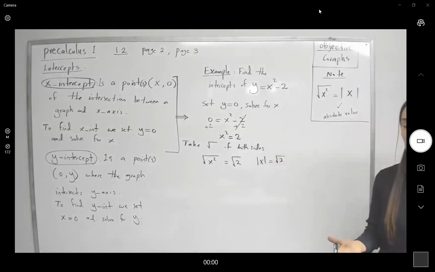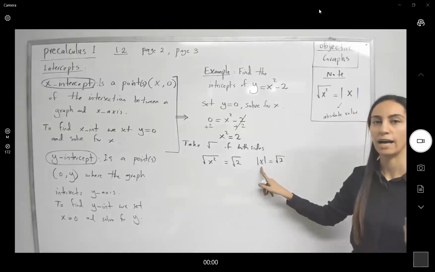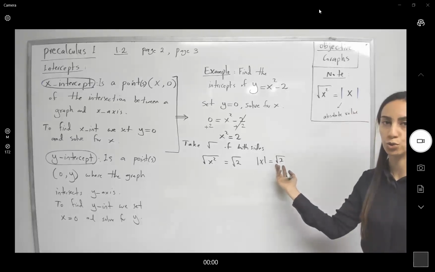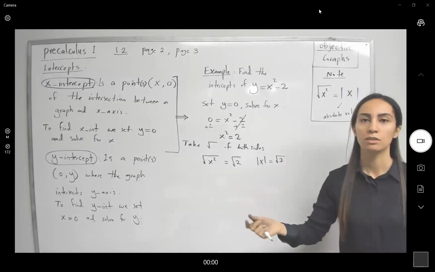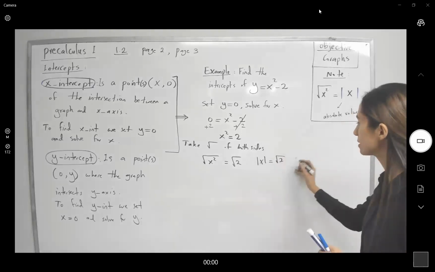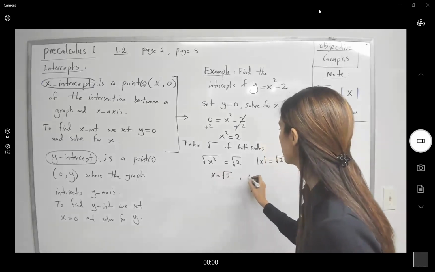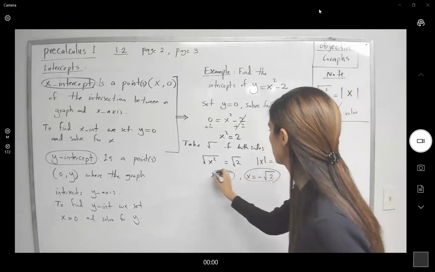What's the meaning of that? It means that the distance between x and 0 is equal to square root of 2. Well, you have some positive numbers, some negative numbers. The unit is the same. So x is square root of 2 and x is negative square root of 2.